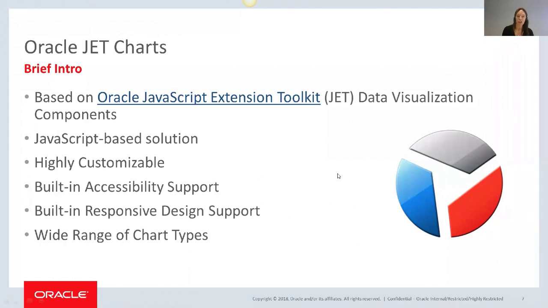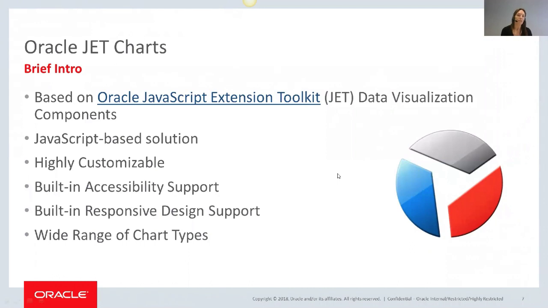The solution is JavaScript based, taking a JSON object containing the data to render on your chart. It's highly customizable. Jet has a very well documented API to support their visualization components, many of which we declaratively expose in Page Designer, so you can utilize them in your charts.